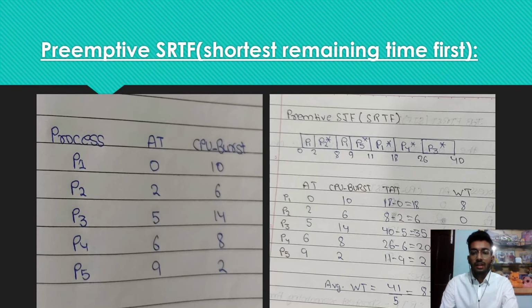We get it, that is the P1 of size 7. So P1 is assigned to the CPU. It completes its execution at 18. Then we see which is the smallest, that is P4 is executed, and at last P3 is executed. Similarly, we can also calculate the turnaround time and the waiting time for this also, and at last calculate the average waiting time, that is 8.20.